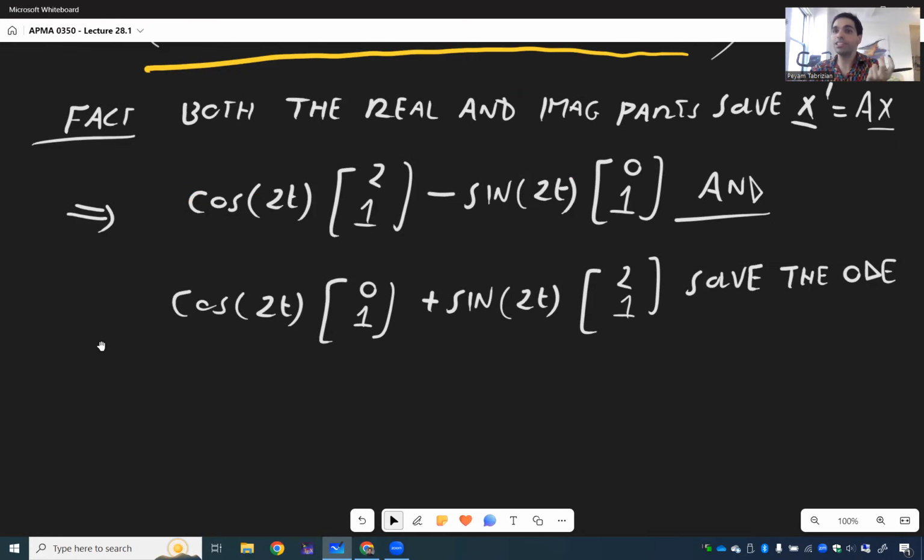And essentially, those two things are bases of solutions, and all you have to do is take linear combos.